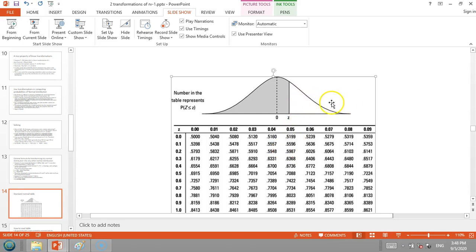It's going to be very close to 0.4. The probability of me getting a z that's above 0.25. Okay, does that make sense?